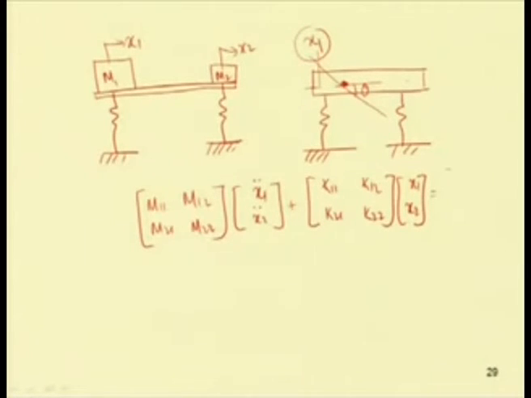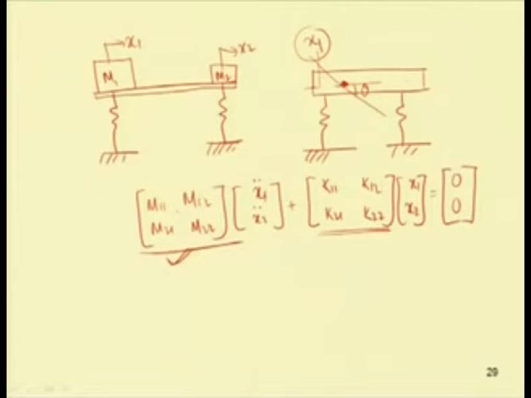In case of free vibration, this will be equal to 0, 0. If the off diagonal terms are present, then the system is coupled. If the mass matrix is coupled, the system is known as dynamically coupled, and if the stiffness matrix is coupled, that is the off diagonal terms are present, then the system is known as statically coupled.